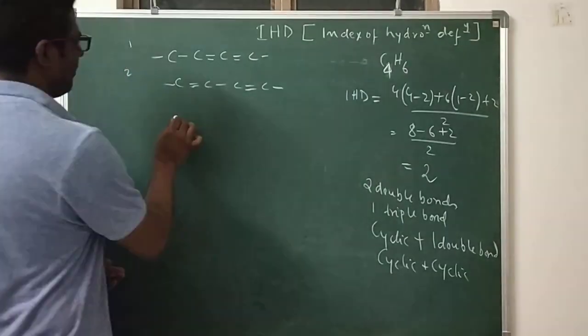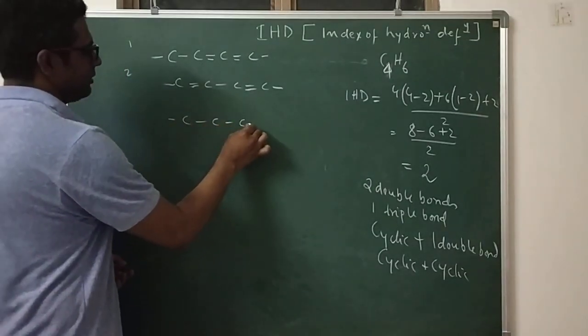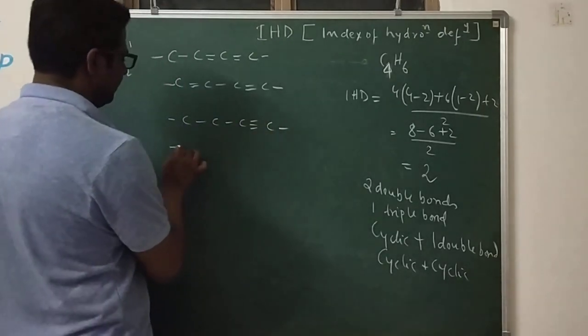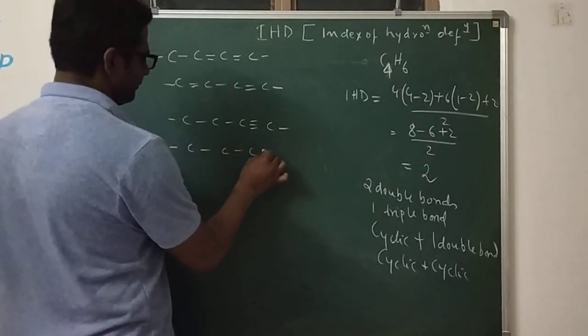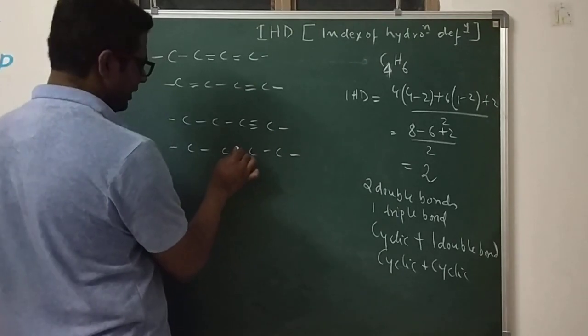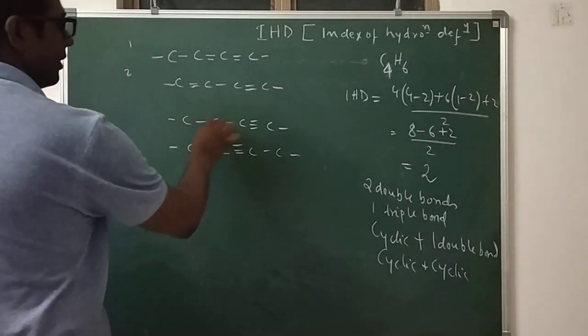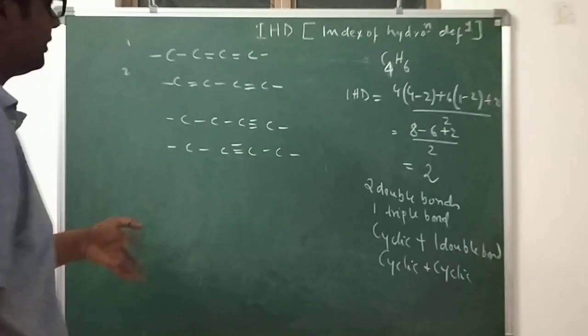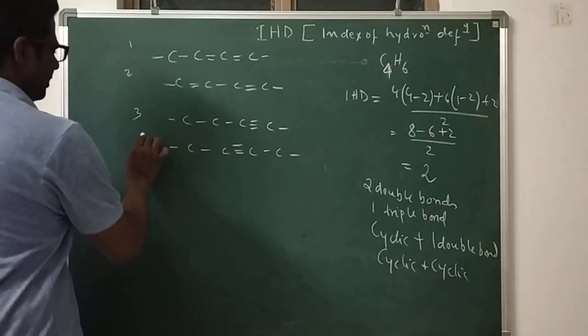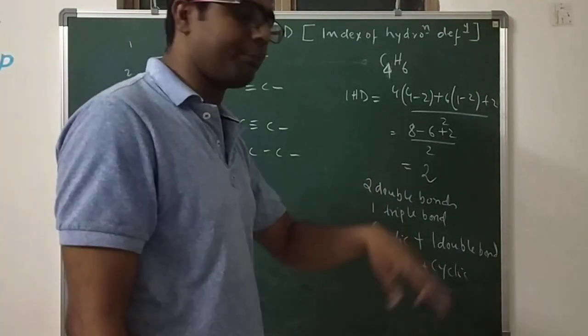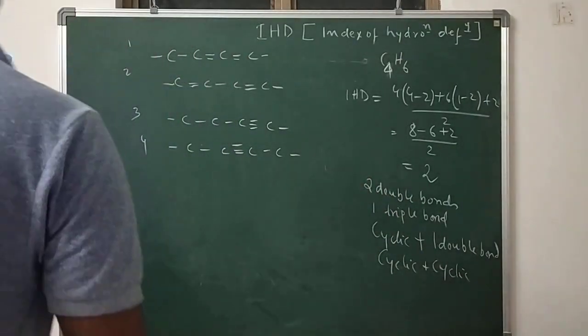Next is 1 triple bond. Here it is possible, or in the middle. If you put it here or here, it doesn't change. So number 3, number 4, for the triple bond also you got 2 compounds, and for the double bond also 2 compounds.